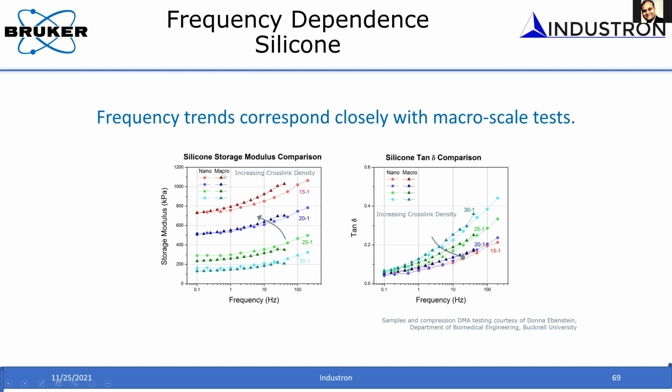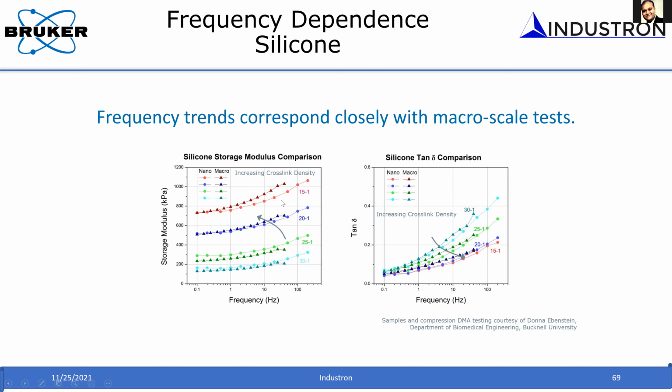One is by macroscale mechanical testing, standard macroscale DMA testing, where these triangular plots are for macroscale testing, and these circular dots that you see are for nanoscale testing using the dynamic indentation technique that I just presented.